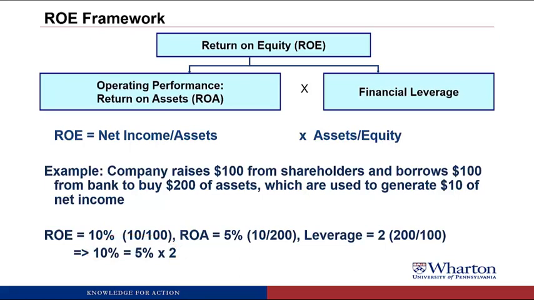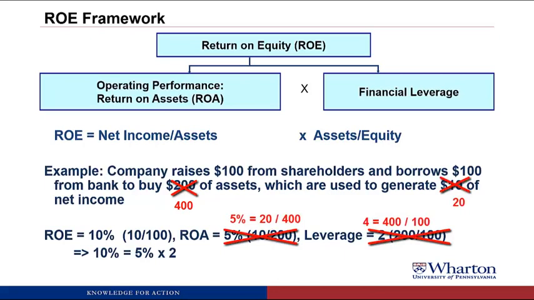And this highlights how these two components drive ROE. So let's say instead of buying $200 of assets with $100 of shareholders' equity, we bought $400 of assets. So we borrowed $300 from the bank, combined that with our $100 from shareholders to buy $400 of assets. Now our leverage is 4. If we can maintain the same ROA of 5%, our ROE would go up to 20%.